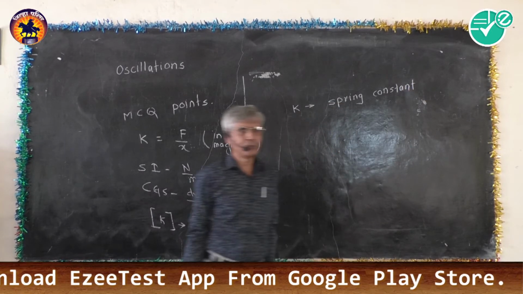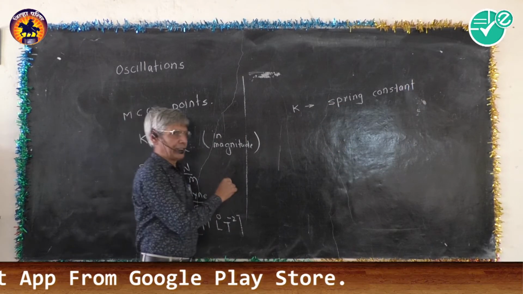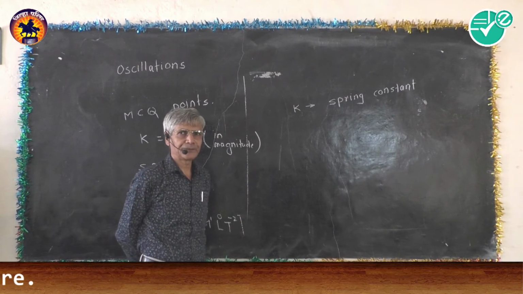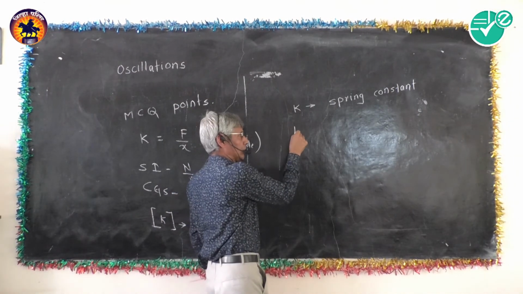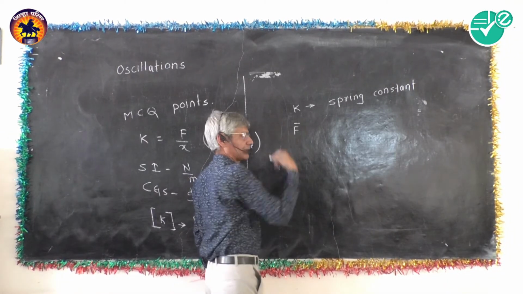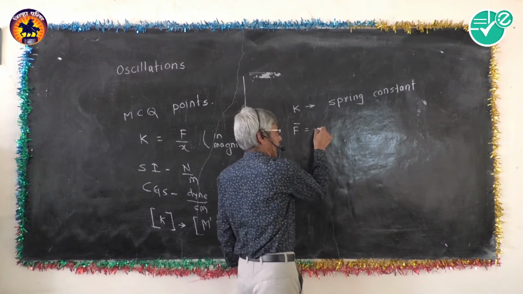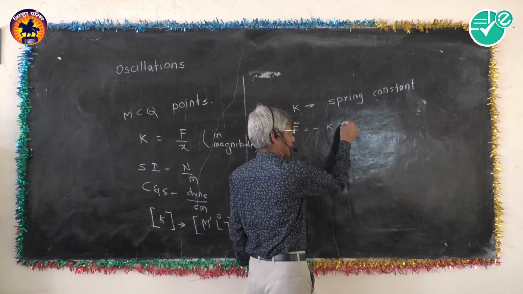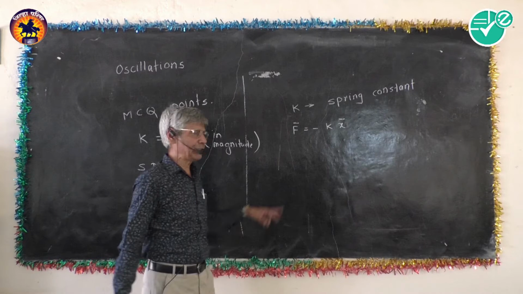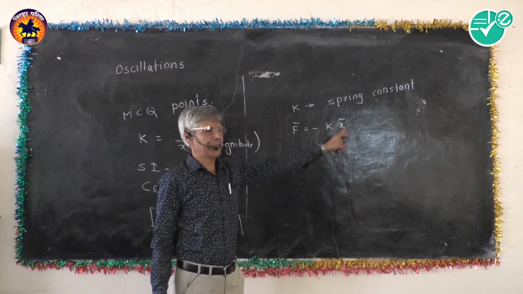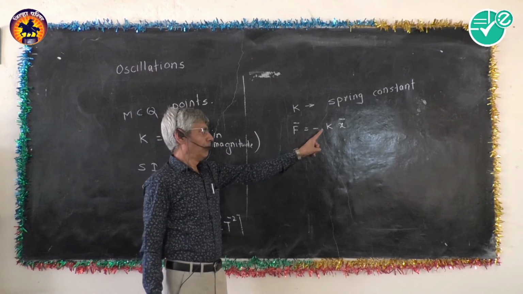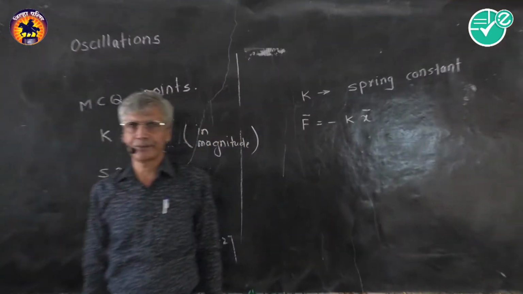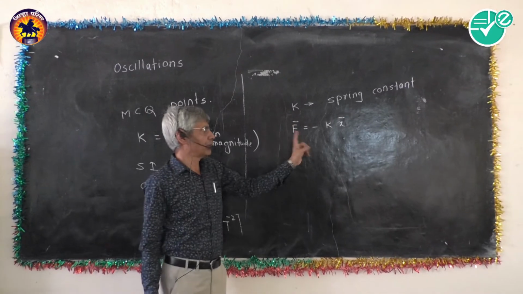In case of the motion of the spring and load system oscillating simple harmonically, the restoring force acting on the spring is say F, and x is the deformation in the spring from its equilibrium position. Then once again the equation becomes F is equal to minus K into x. Once again, this K is force constant, however it is labeled as spring constant.